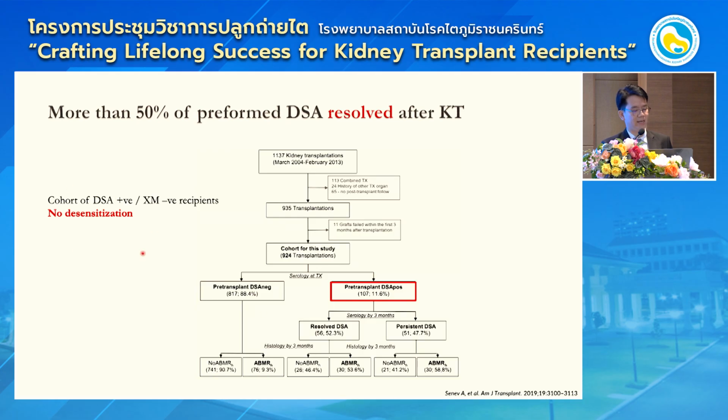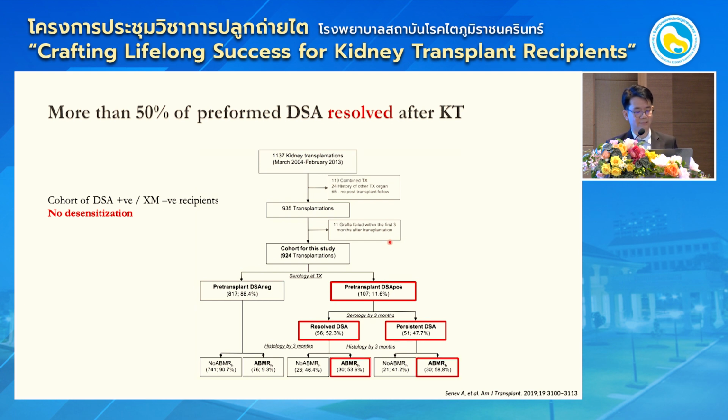Those who have DSA did not undergo desensitization. We found that those patients who have DSA positive before transplantation have a rejection rate of almost 50%. This is without desensitization. But those patients who have no DSA have a rejection rate of only about 9%.